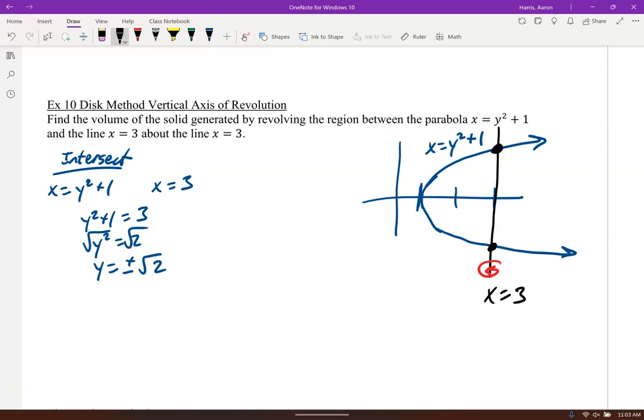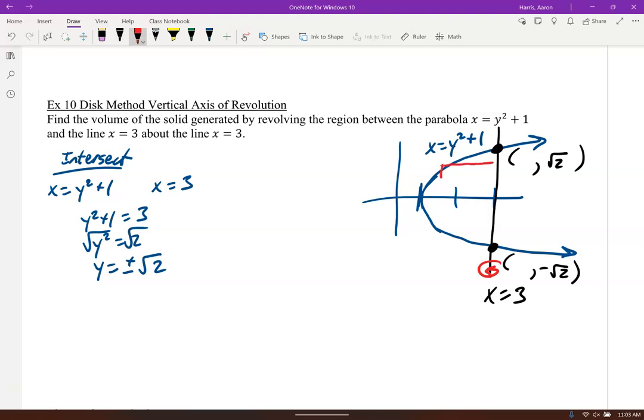Of course, you could plug in 3 as well. So the points are (3, root 2) and (3, negative root 2). Of course, the x value there is 3. I want to emphasize the y there. And for our cross section, let's go ahead and draw our r of y.